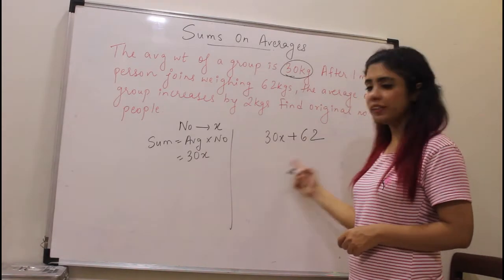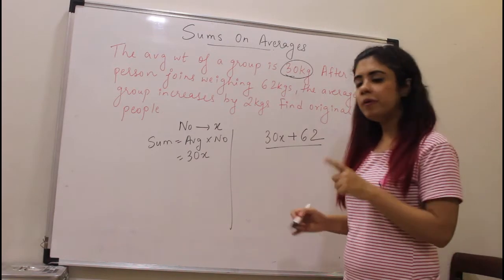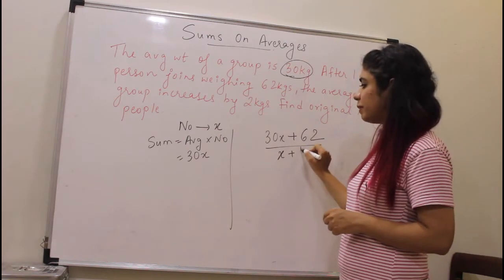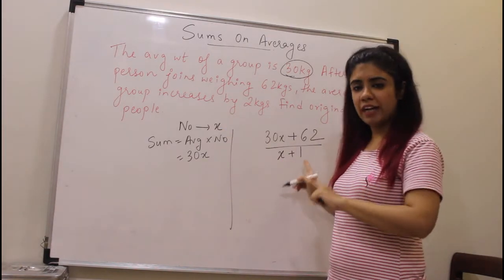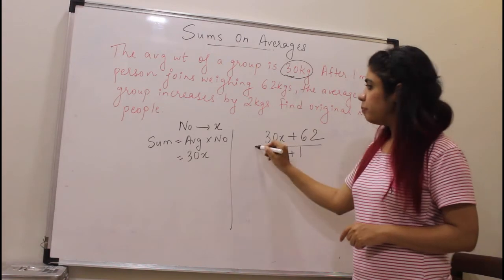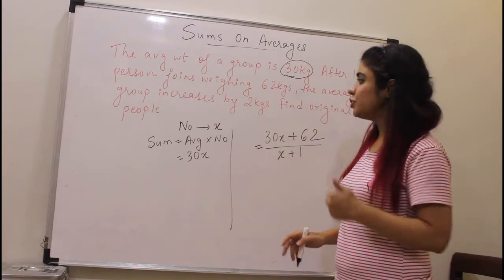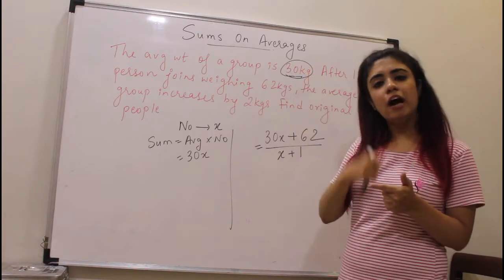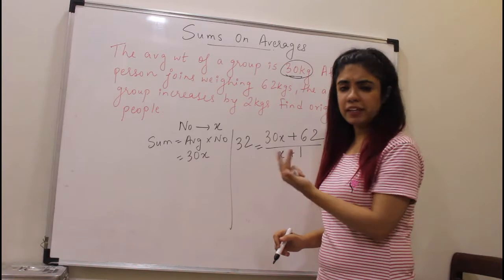So this is your total sum upon total number of people. Now my number of people will be X plus 1. Why? Because initially X, one person got added, so it became X plus 1. Because of this, the average increased by 2. Initially the average was 30, now the average is 32 kgs. Now we'll cross multiply and get the value.